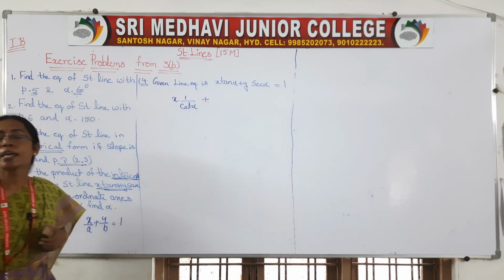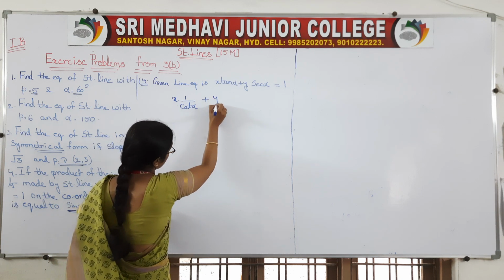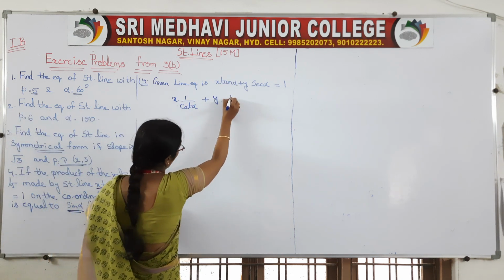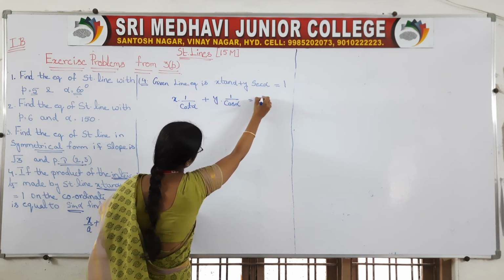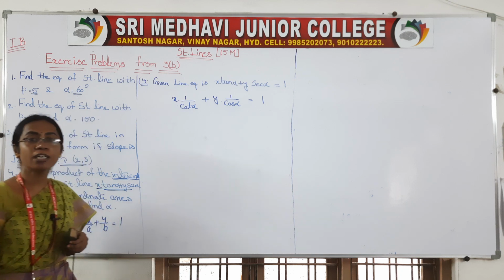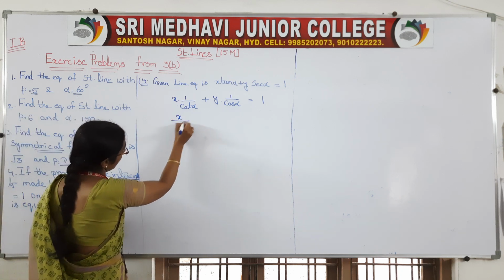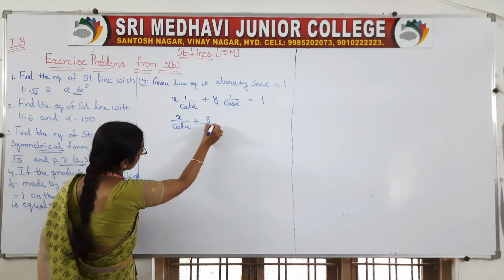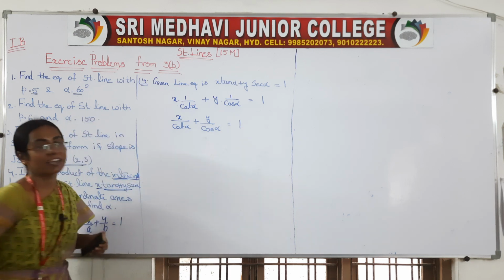Tan and cot are reciprocal to each other, and y into secant alpha can be written as y by cos alpha. Cos and secant are reciprocal to each other by our trigonometry. So x by cot alpha plus y by cos alpha is equal to 1.